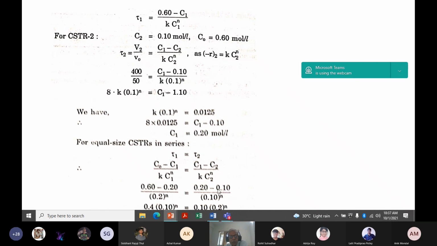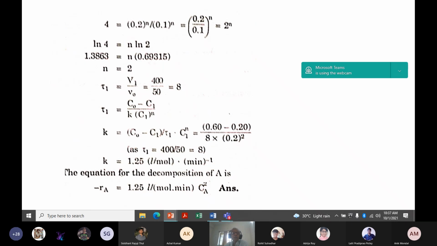And from here you can find out the order of the reaction. Here again n is equal to 2 we are getting. And use the second reactor mole balance to find the rate constant. Rate constant is 1.25. So the rate equation is minus rA equals 1.25 Ca square.